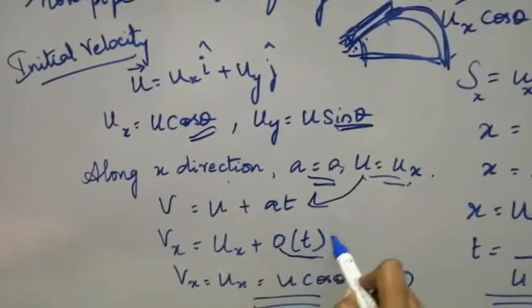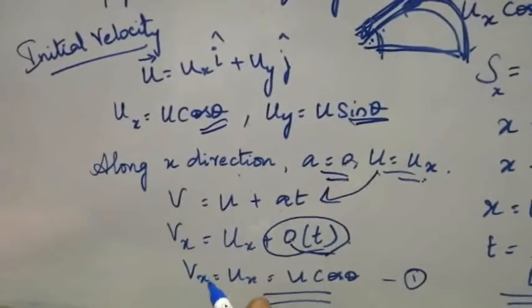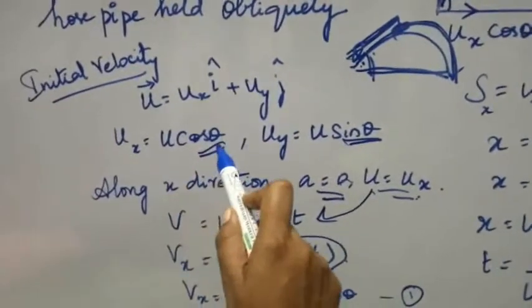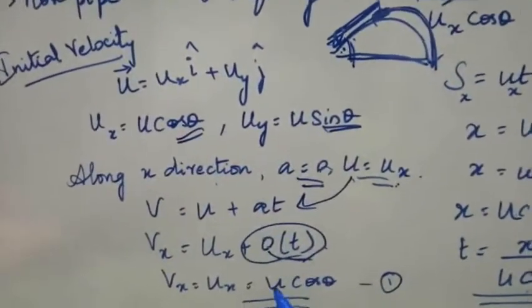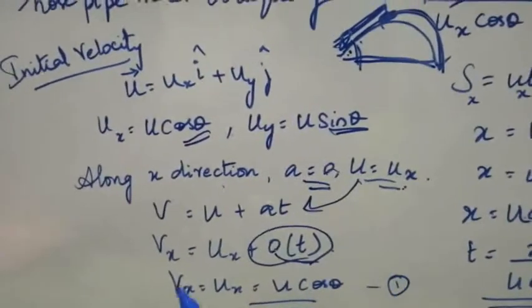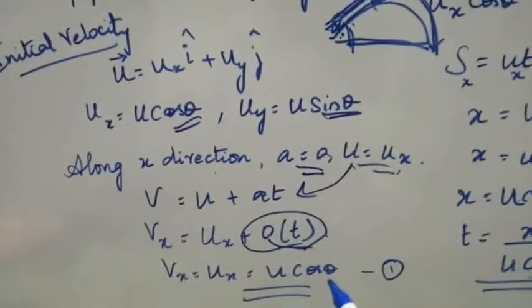Anything into 0 is 0, so this part completely becomes 0. You will have only vx is equal to ux. And we know that the ux value is u cos theta. So this is equation number 1, where the final velocity along the x direction vx is equal to u cos theta.